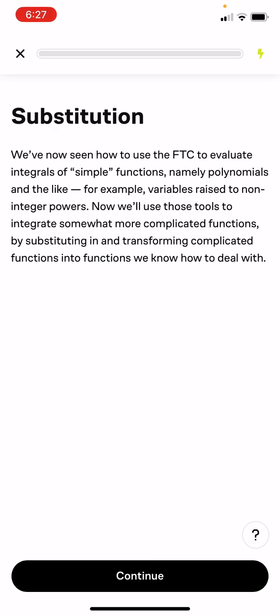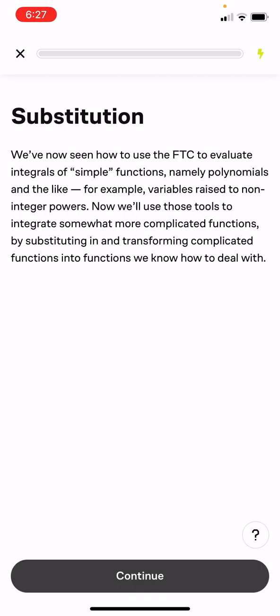Simple functions, quote unquote. Namely polynomials and the like, for example, variables raised to non-integral powers. Now we'll use these tools to integrate some more complex functions by substituting in and transforming complicated functions into functions we know how to deal with.